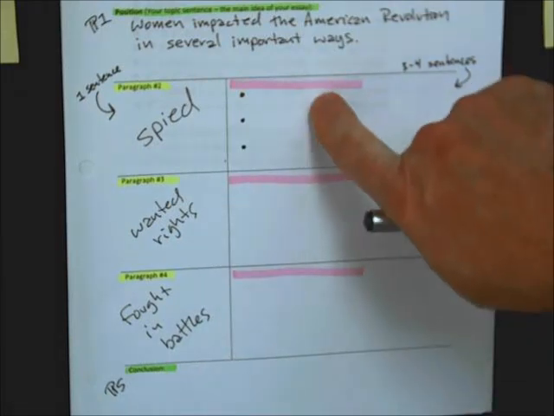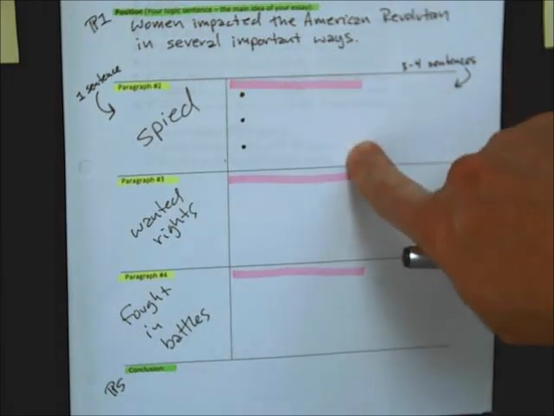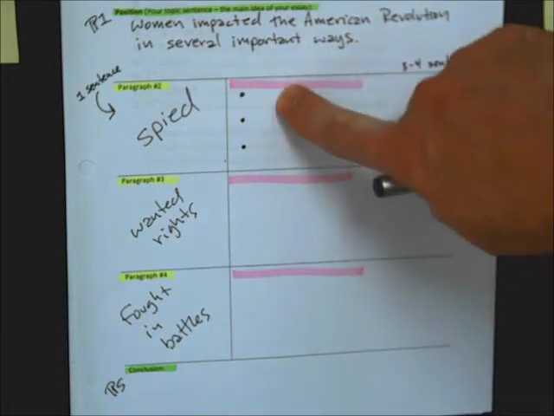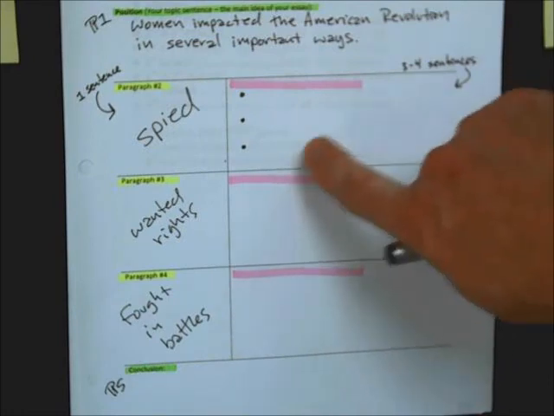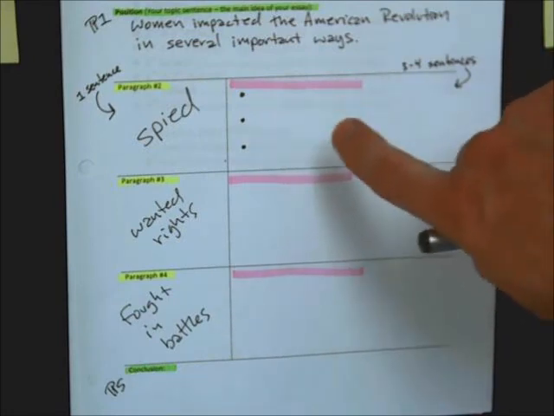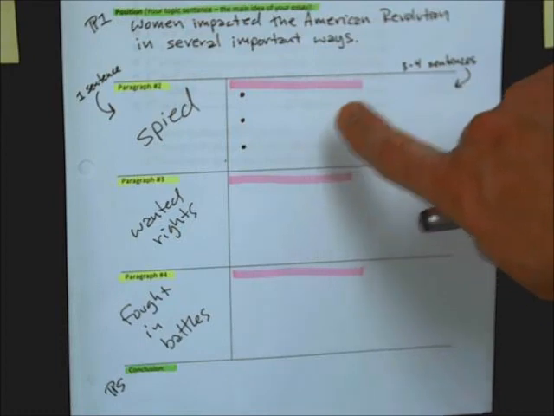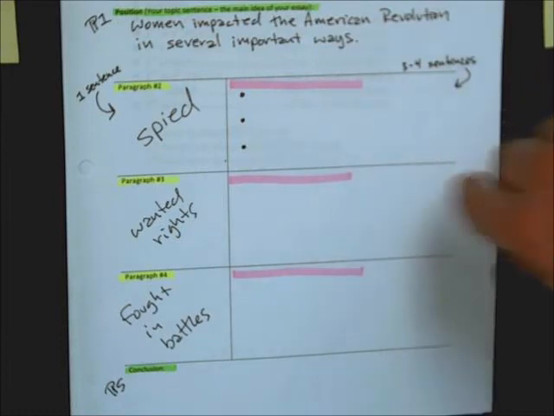Could I give 3 women who were spies as examples here? Yes. Or could I give 3 particular battles or things that happened in the war as a result of women being spies? It's really what's in your notes.